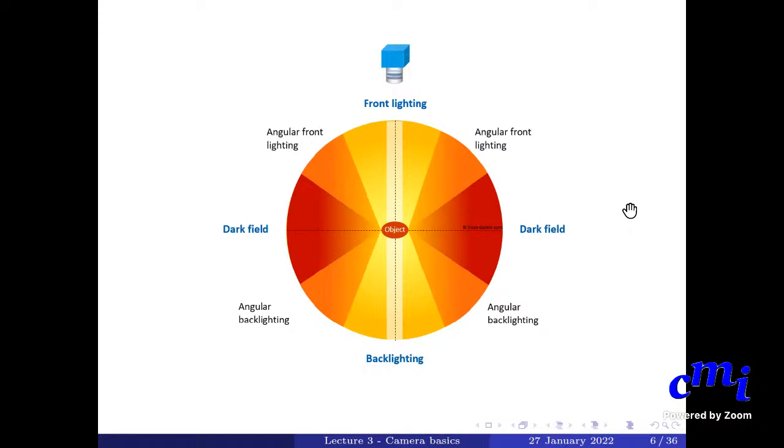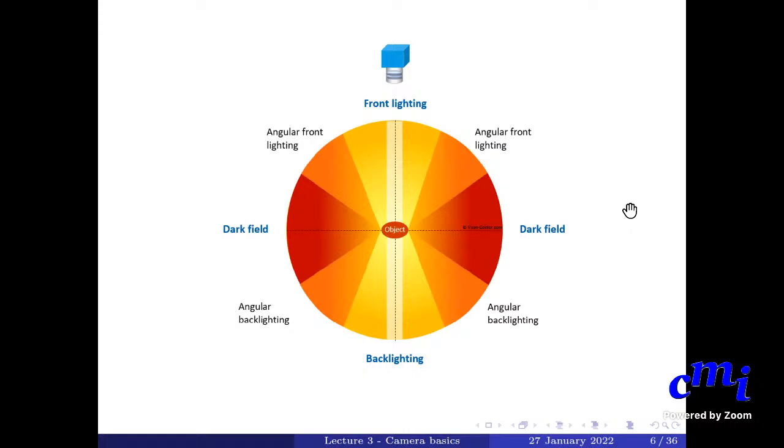On the left and right hand side of front lighting, you can see angular front lighting. If the angle between north and the lighting increases further, that's dark field illumination. If you increase the angle further, it's angular backlighting. And if the light is exactly behind the object, that's called backlighting.